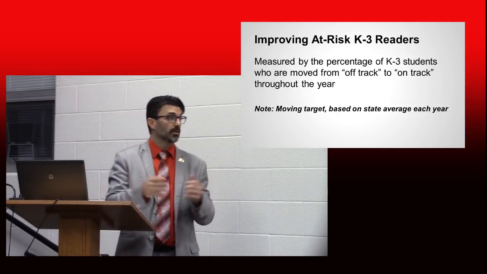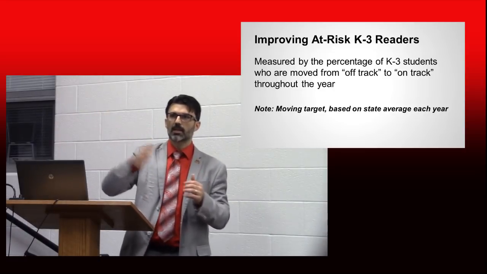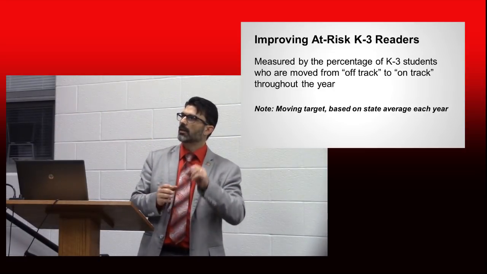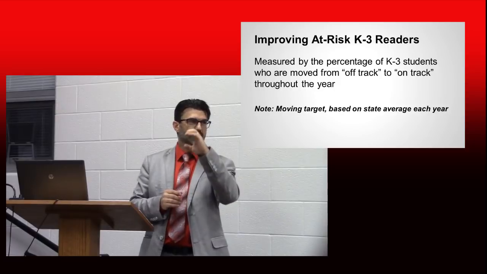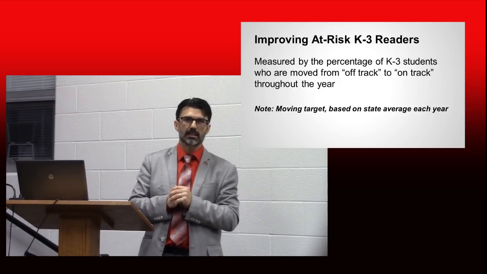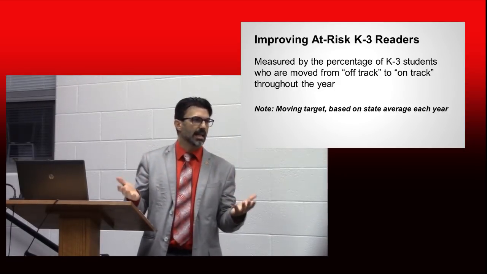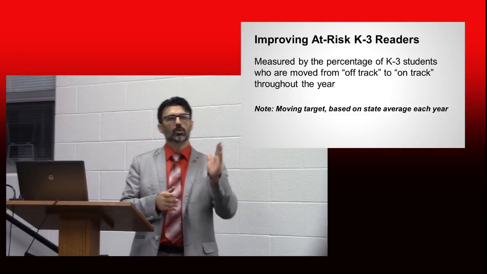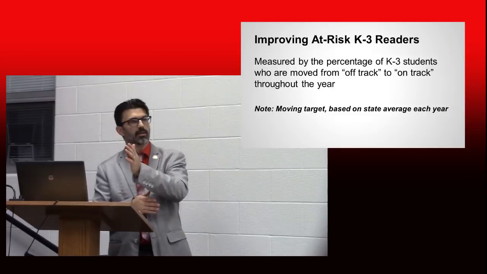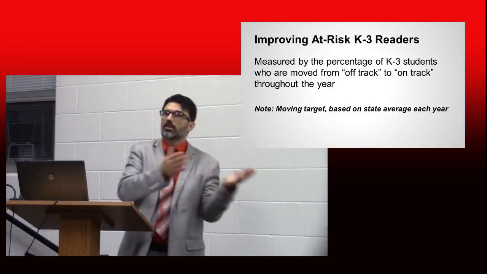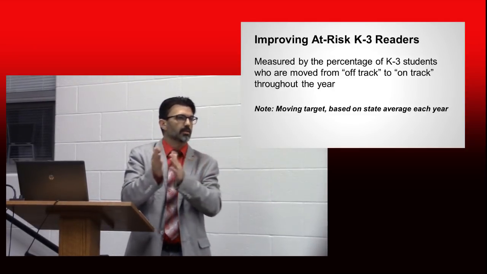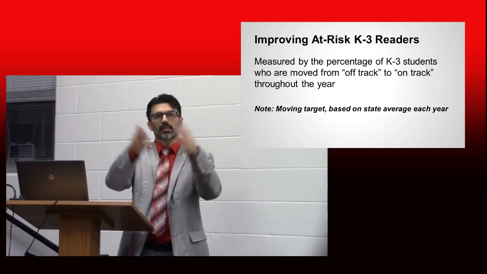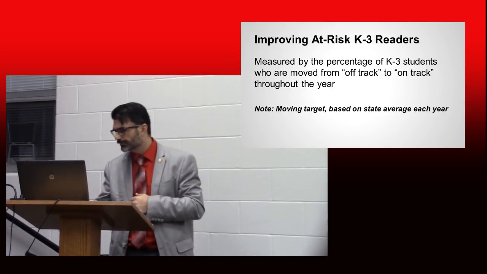Now again, I'll note this is another moving target because the level that is set as a C for the state each year is determined on the state average. So you can be in a situation where you could improve from one year to the next, but your grade could be worse than it was the year previous because again, it's comparison across the state.